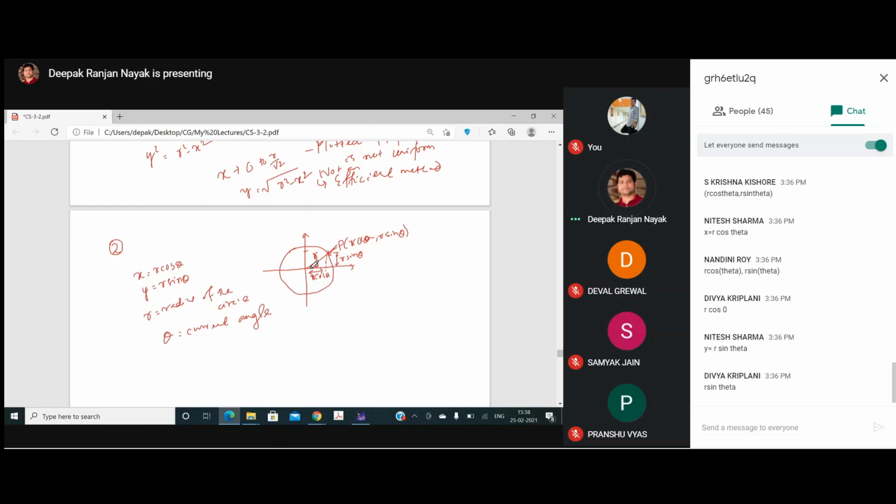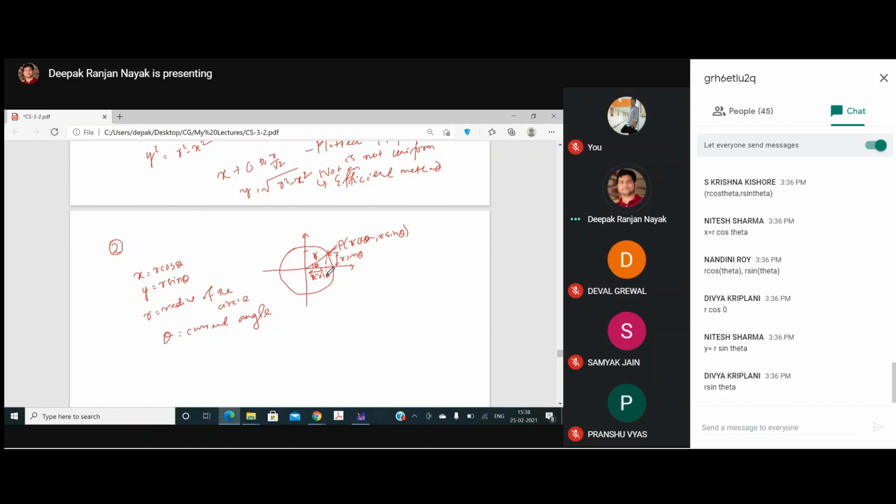Now, again, there is a question here: is the computation of these trigonometric functions efficient or not? Again, there is a problem here. With this method, how will you calculate it? Let's say you are calculating only for one octant, from this to this.